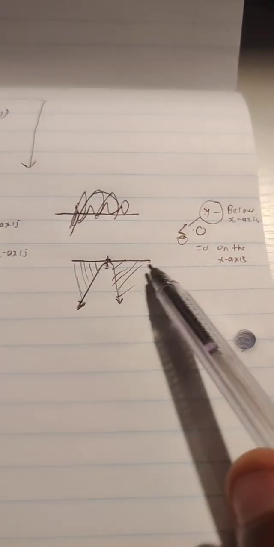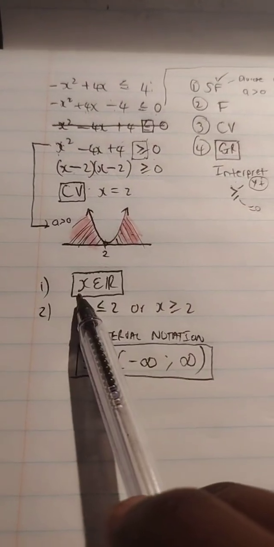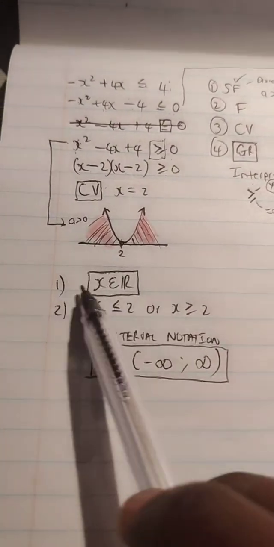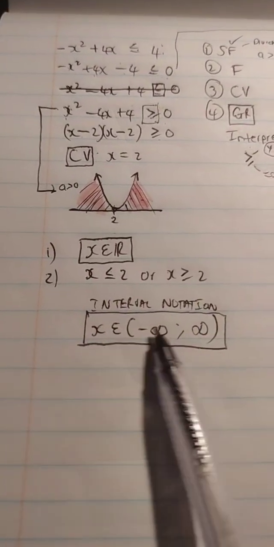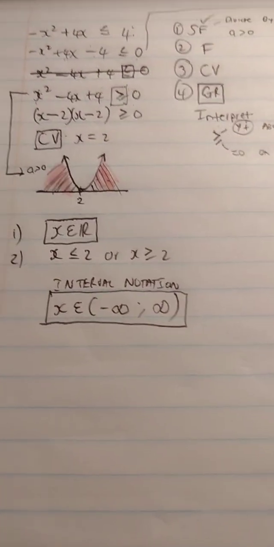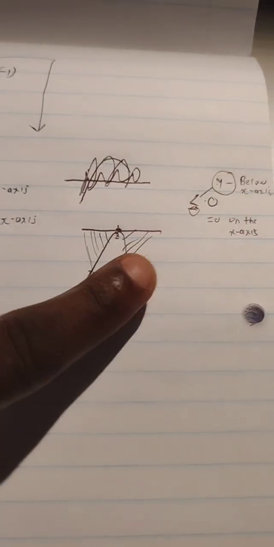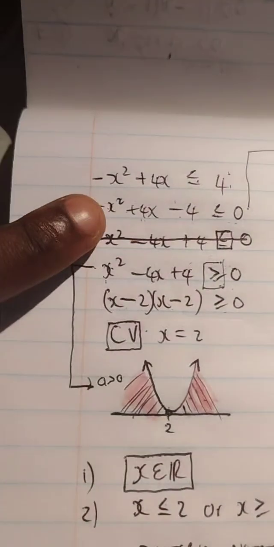The function is below everywhere. It is on the x-axis at 2. So therefore, we can write the answer as x is an element of real numbers. We can write the answer as this, or we can write the answer as that. Hopefully that answers your question. If you decide to use the standard form where a is negative, your answer is still the same.